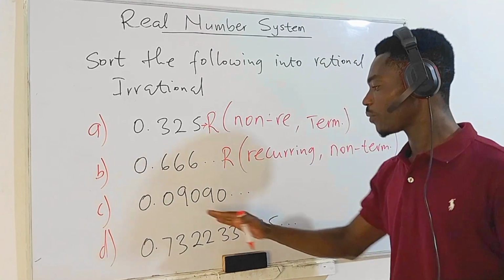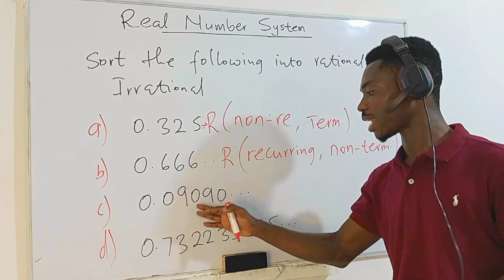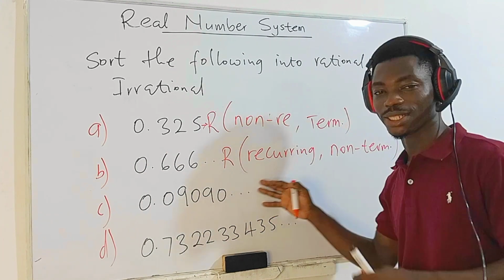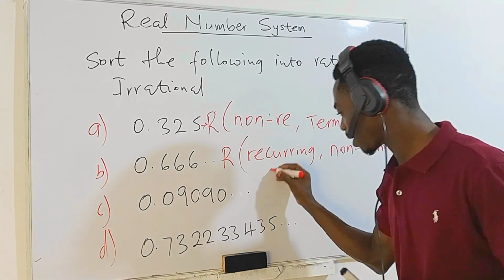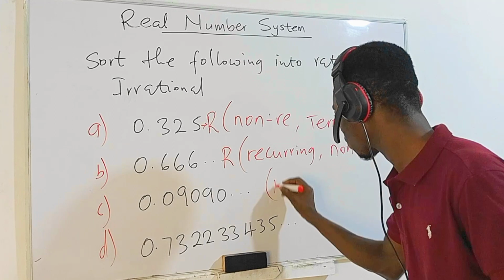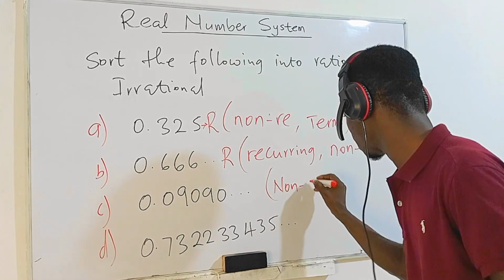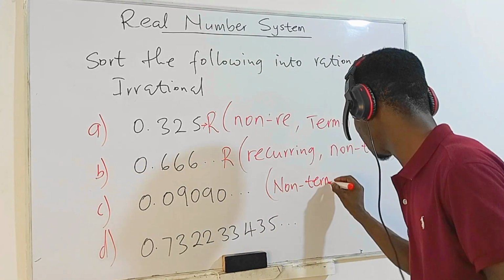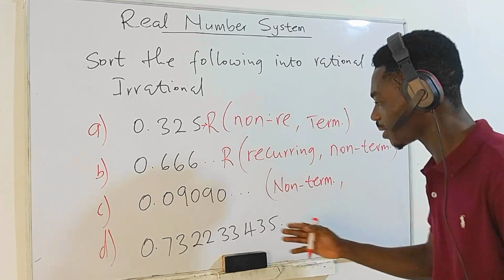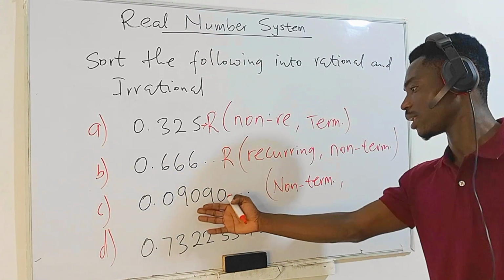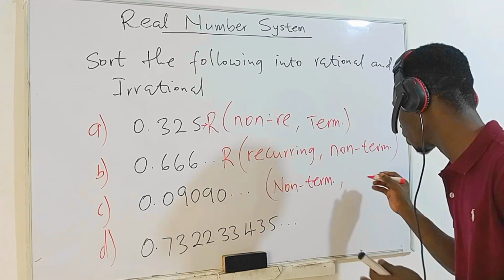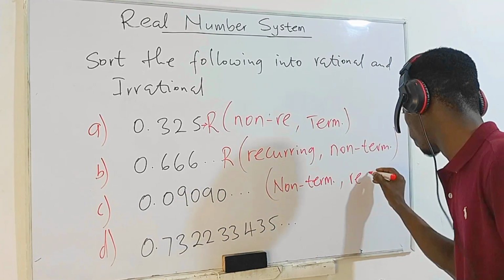All right. Then we have this one, 0.09090, and it keeps on going forever. So with this, it is also non-terminating. It doesn't end, and at the same time, it is recurring. So you see, it is recurring 9090. So it is recurring.